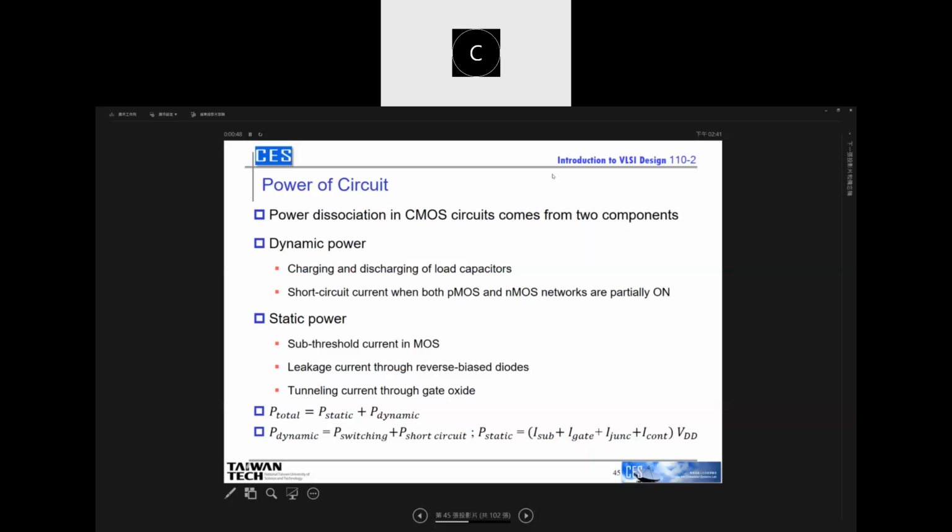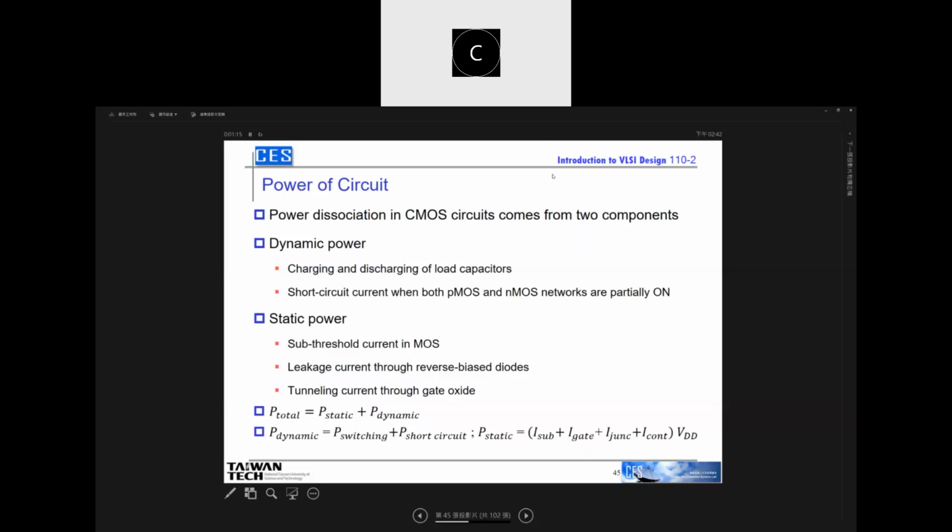In the first part, we discussed the delay of the circuit, and we talked about the mathematical model. Basically, we use the linear delay model to estimate the delay. The delay is one of the very important factors in the operation and design of a circuit. It basically determines the speed of the circuit.